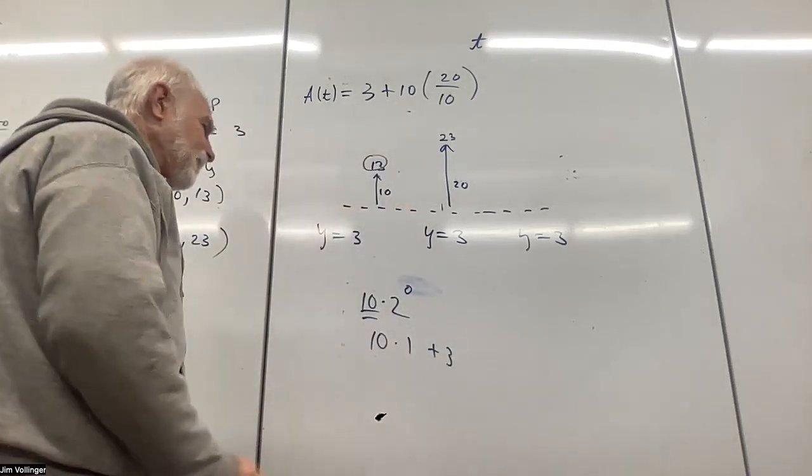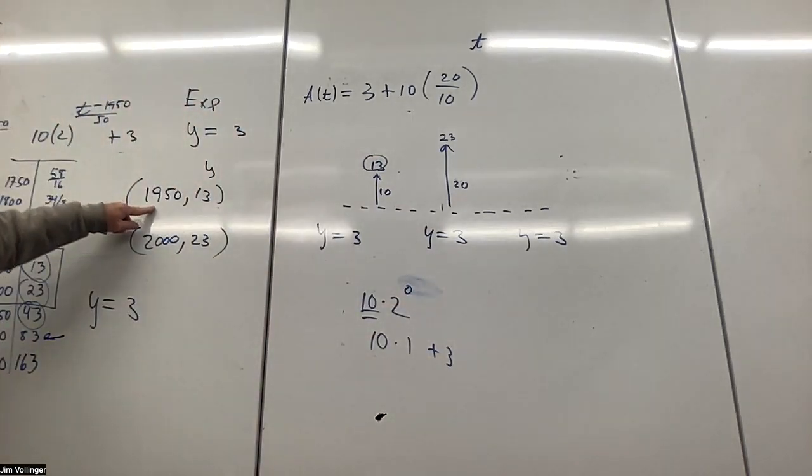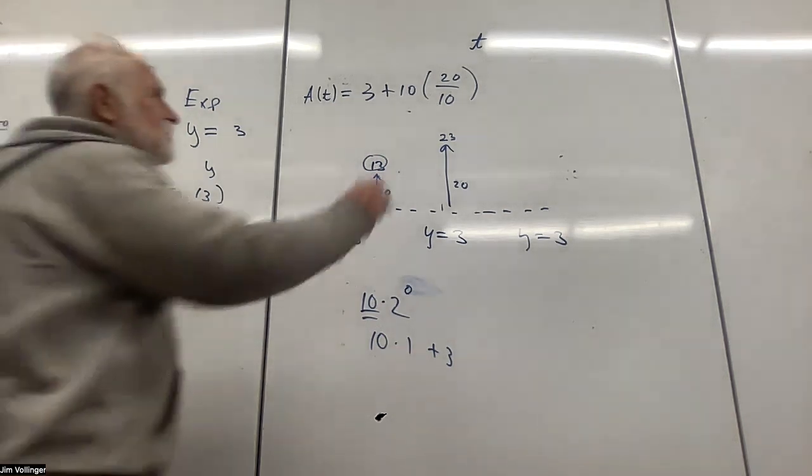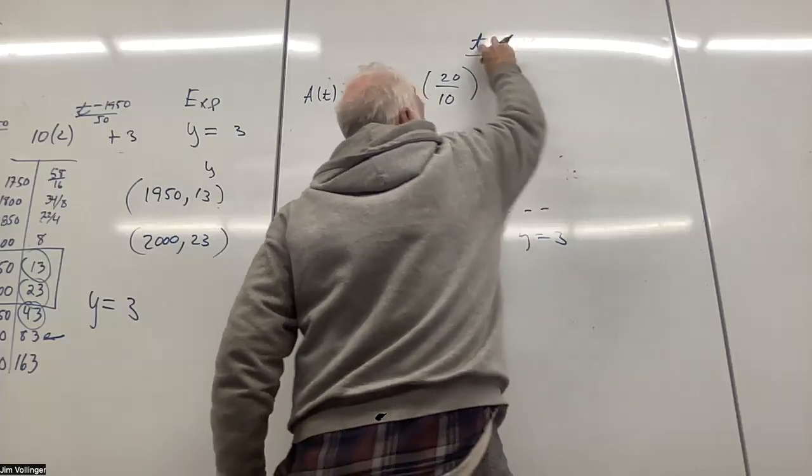So I have to make my first input the number 0, but my first input is 1950. So minus 1950 makes it 0.